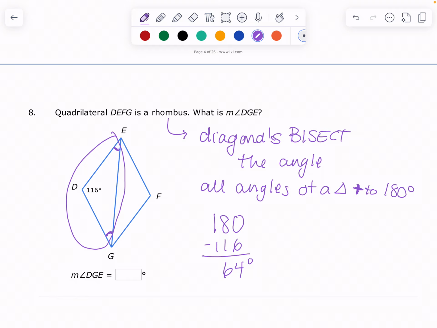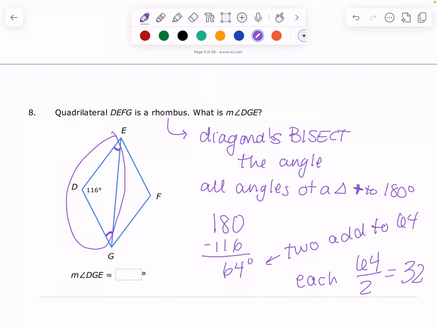And then since those two angles add to 64, each would be 64 divided by 2, which is 32 degrees. So angle DGE is 32 degrees. Two things we used: the diagonals of a rhombus bisect the angles on the ends, and all angles of a triangle, because that's a triangle on that side, add to 180.